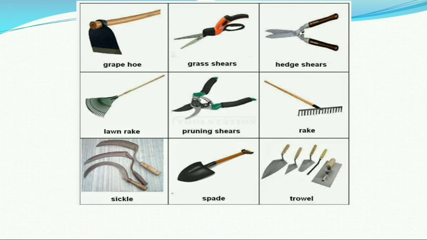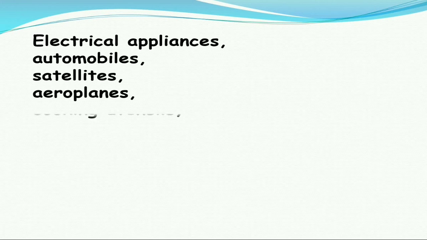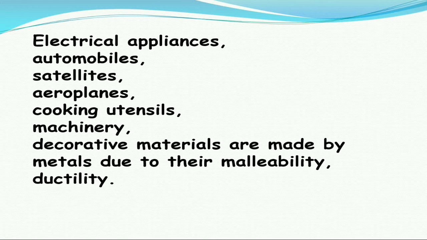And these are all iron articles generally used for agriculture purposes. So these are all made up of iron. Electrical appliances, automobiles, satellites, aeroplanes, cooking utensils, machinery, decorating materials, all are made up of metals due to their malleability and ductility.